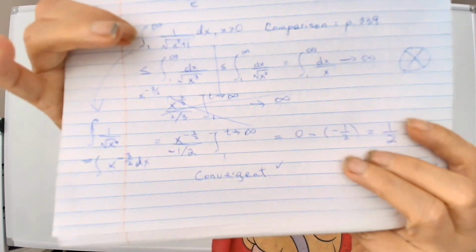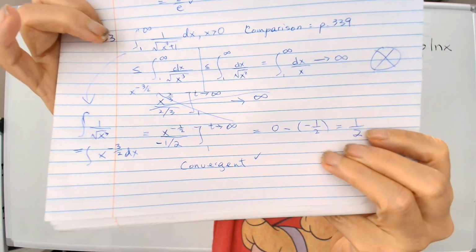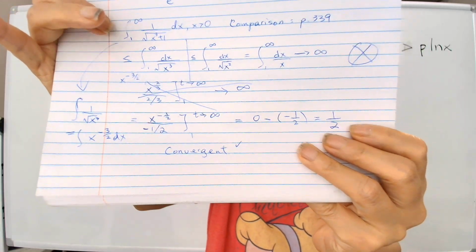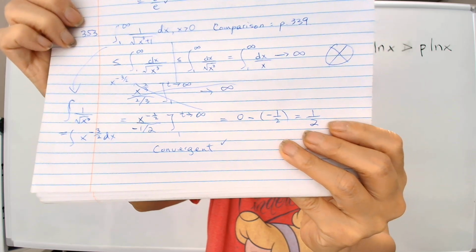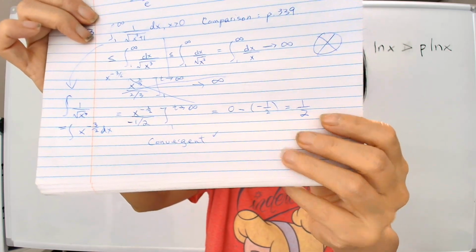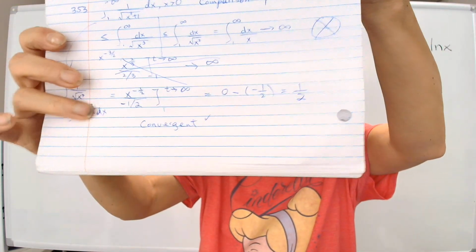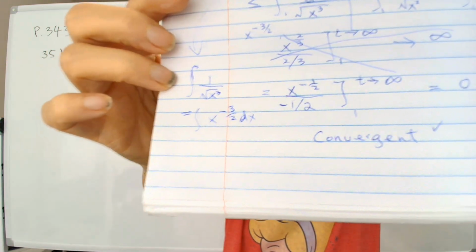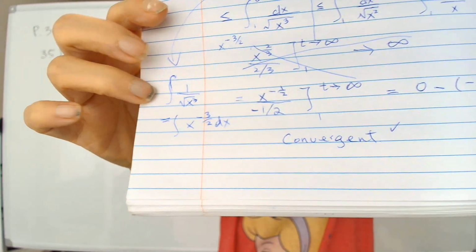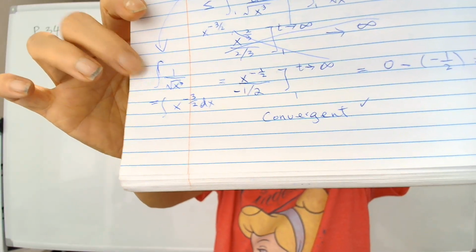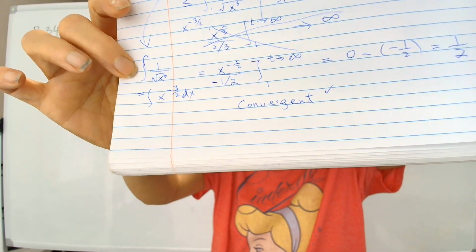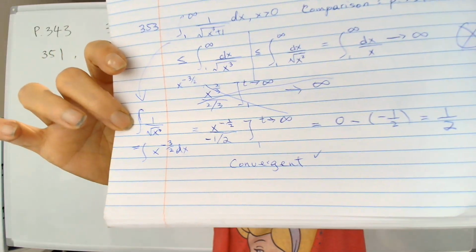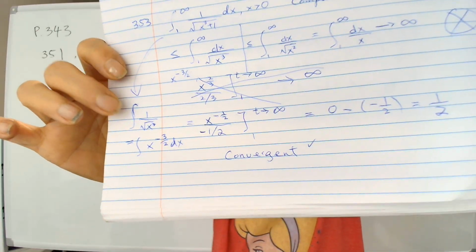Now, here's the original problem, and we're going to say that the +1 down there is what's causing problems with integration. So why don't we just get rid of the plus 1 and say that the original integral is going to be less than this one?